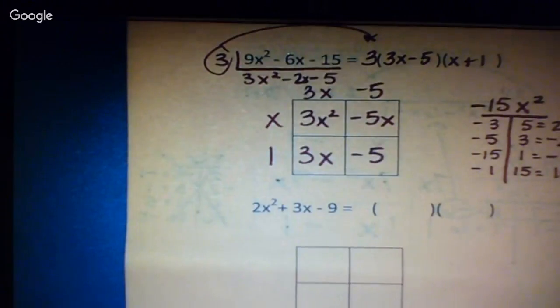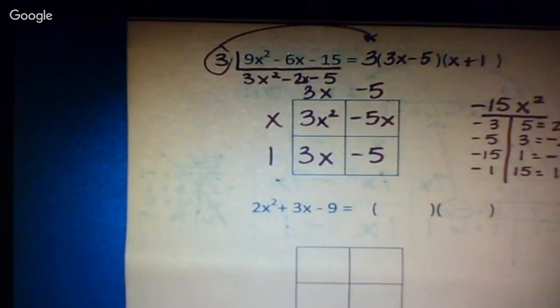First, outer, inner, last. So my first term, 3x times x: 3x squared. Outer term, 3x and 1: 3x. Inner terms, -5 and x. And finally, last terms, -5.